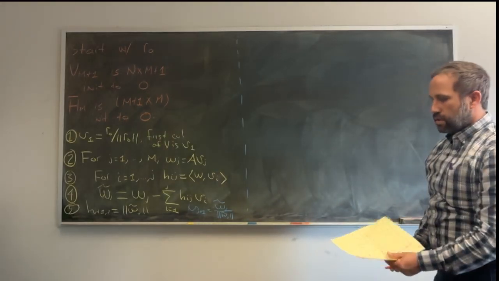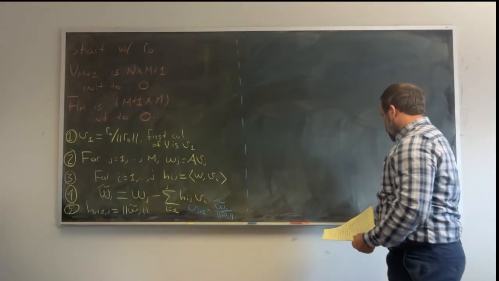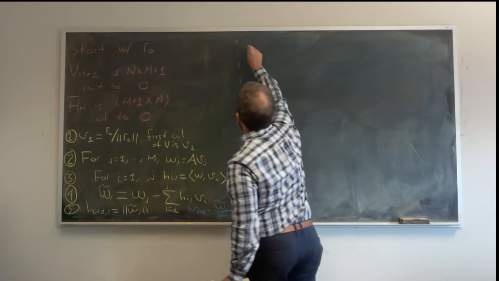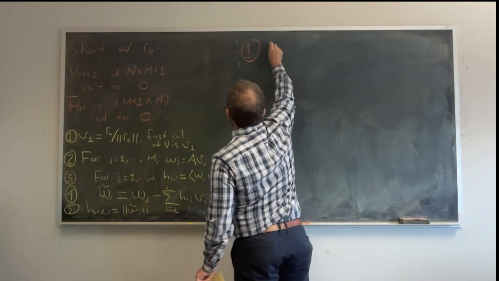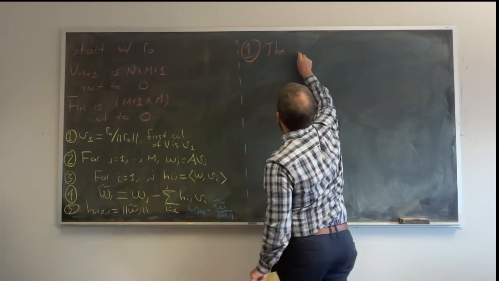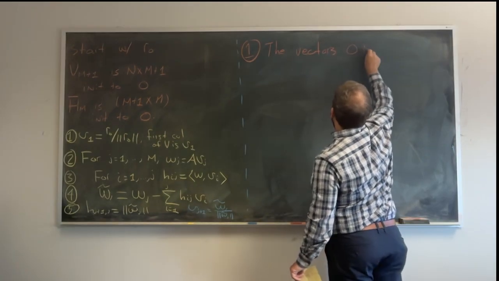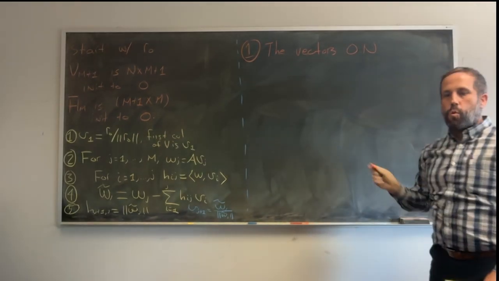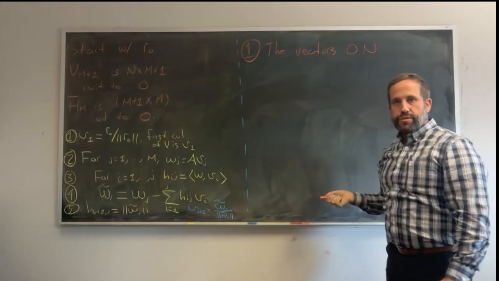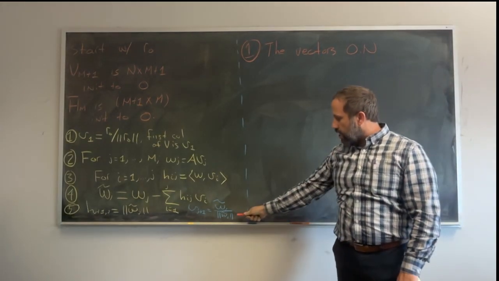So let me make a few comments here. The vectors v are orthonormal. Why is that? Well, the normal just means they have magnitude 1, and that's exactly what we're doing here.